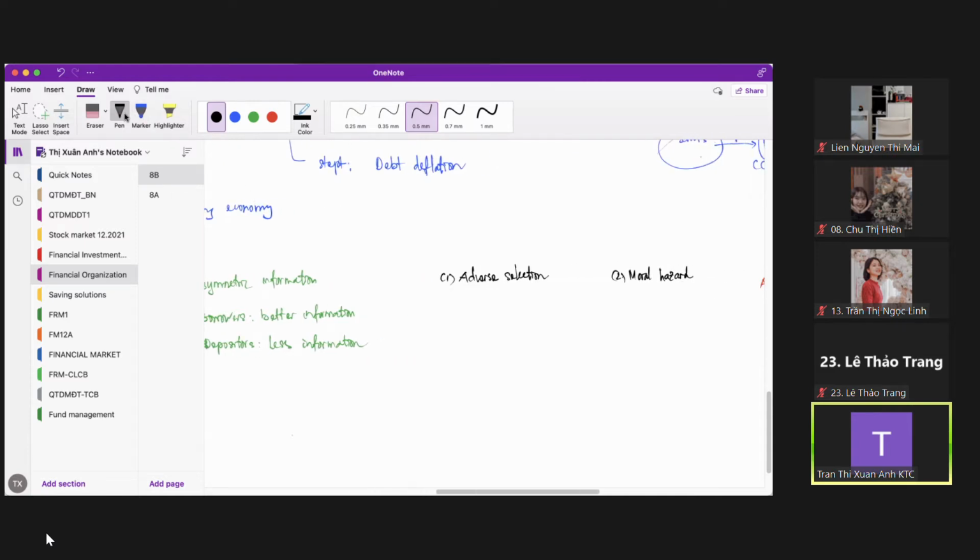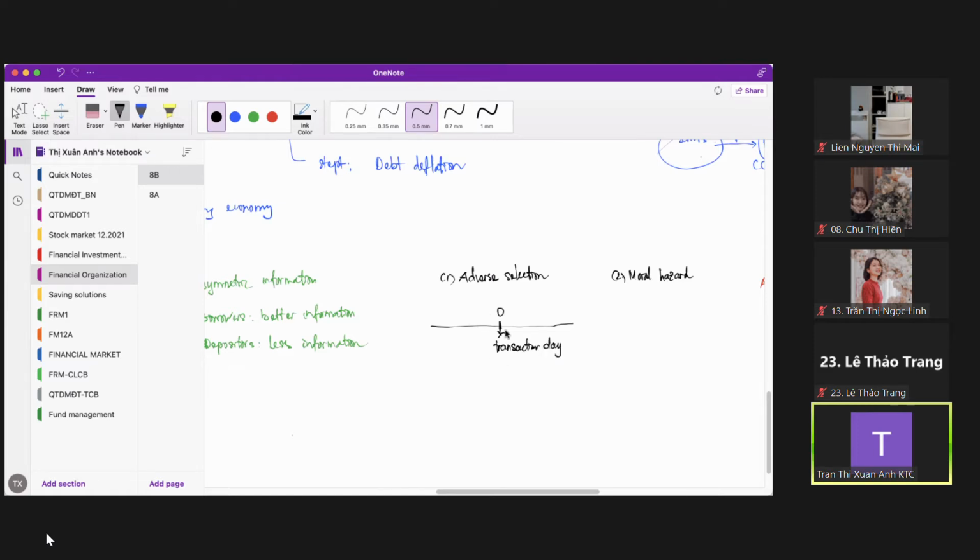In theory, we say that adverse selection happens before the transaction. Before the transaction means, let's say, we can have a timeline looking like this. Here is the time we sign the contract between the borrowers and the lenders, so we call this the day of the transaction.